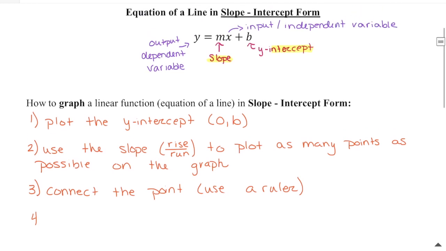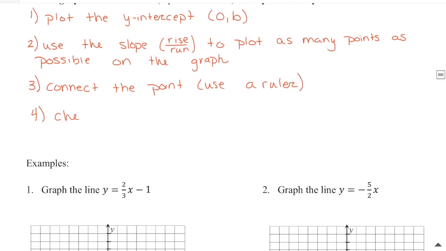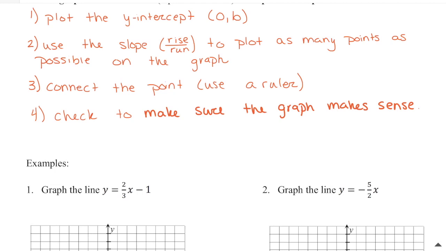And then 4, you want to check to make sure the graph makes sense. What I mean by that is if the slope is positive, then the graph should increase.